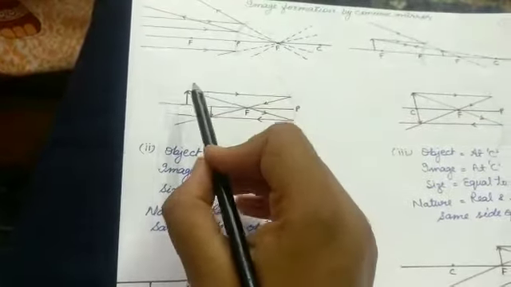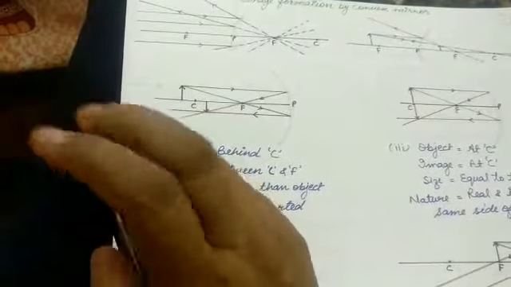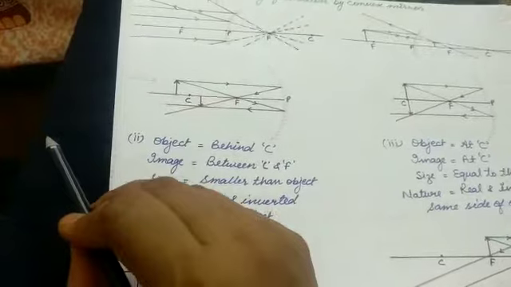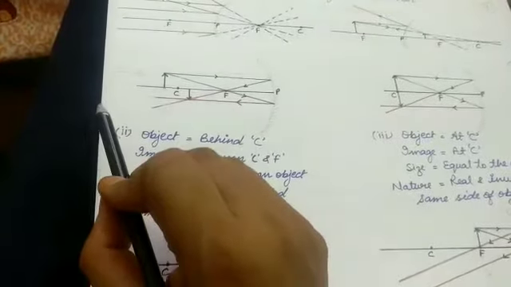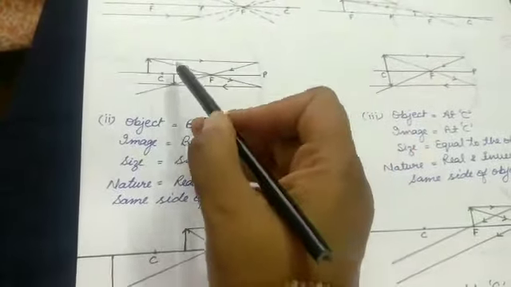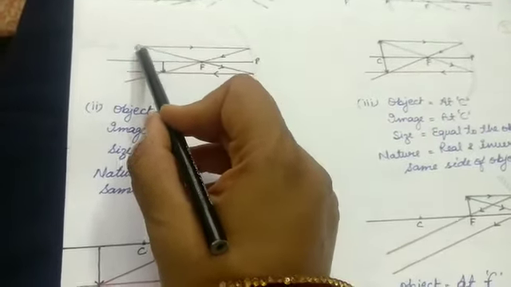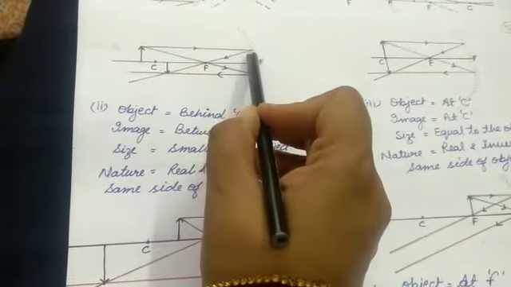Now to show the image formation, I have taken two light rays. As I told you earlier, to show the image formation we only consider two light rays. So the first line, see here, is parallel to the principal axis.